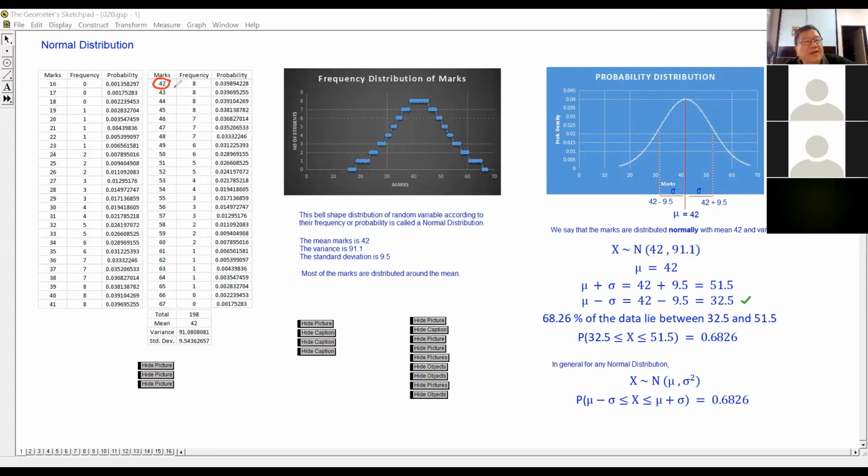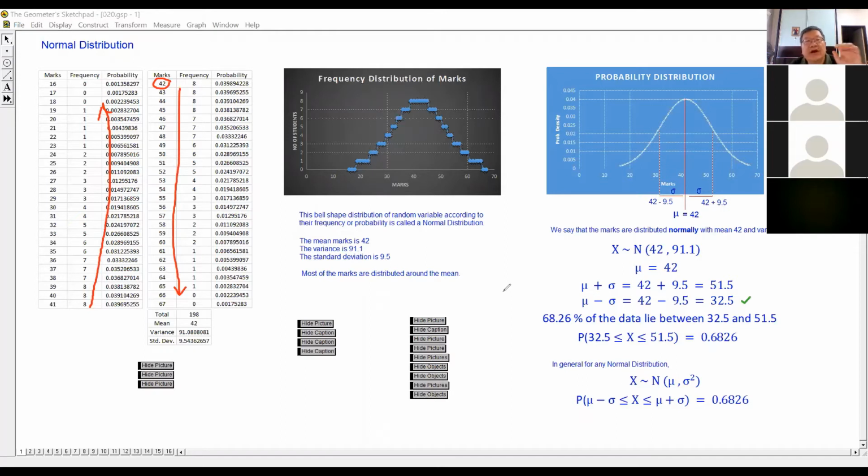Now, if you see, when you go higher and higher, we have less and less student from 42. And from 42, I go lower and lower the marks. Lower and lower also, I have less and less students. The most student is around 42.